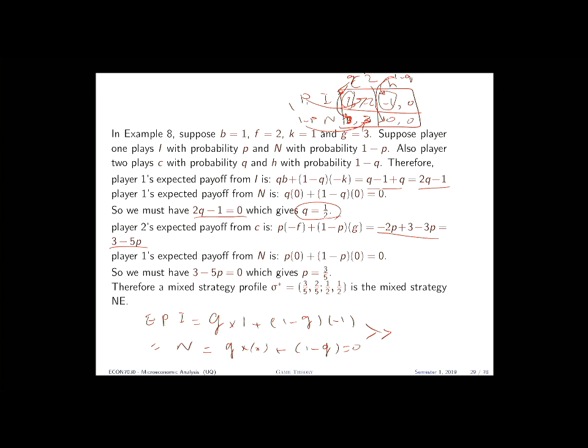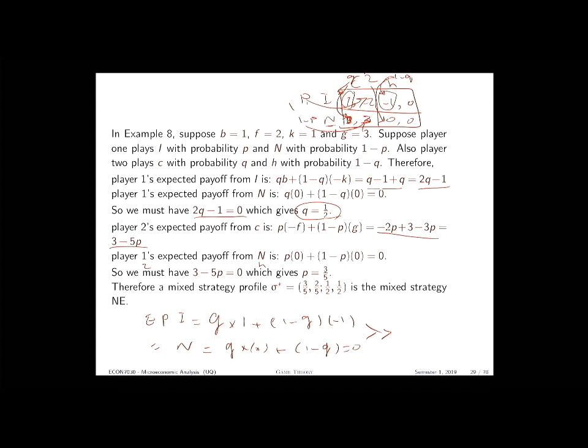The expected payoff of player 1 from playing N, sorry, the expected payoff of player 2 from playing N, so this is wrong, I need to rephrase that. So this has to be the expected payoff of player 2 from playing H. I should remember to fix that in future, but anyway.